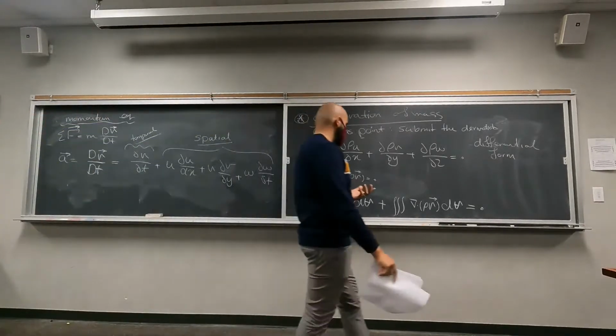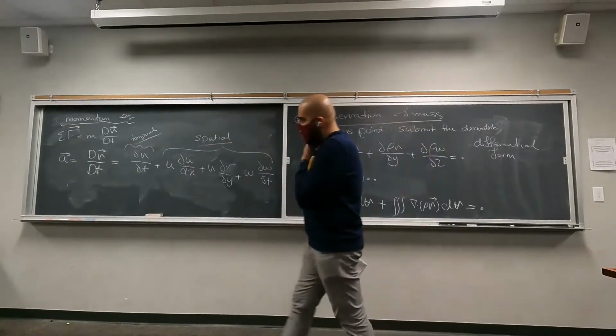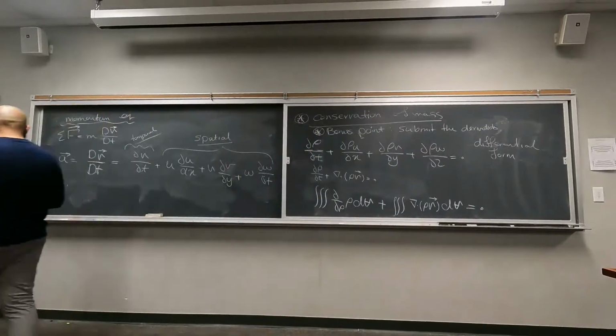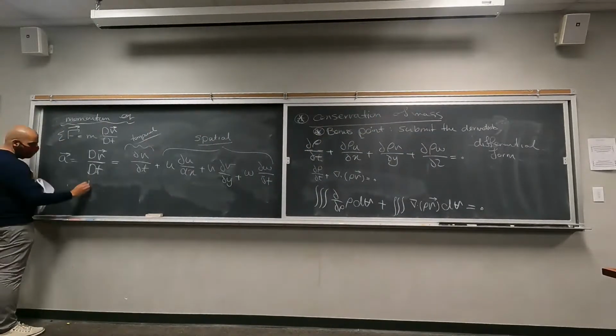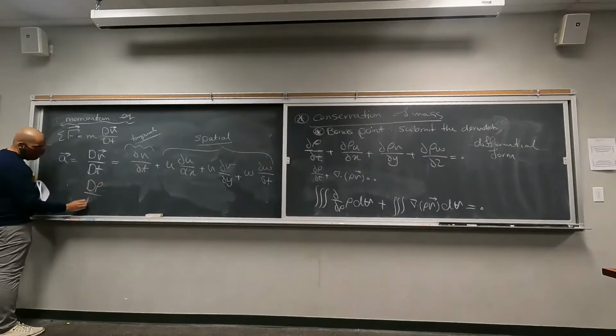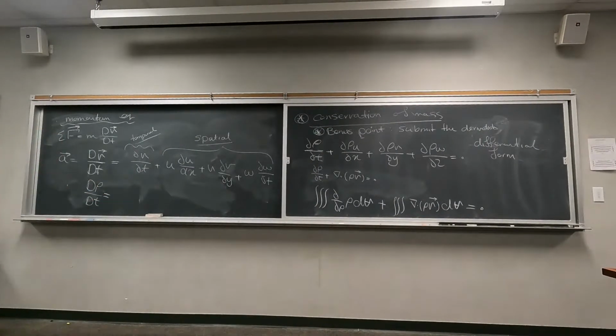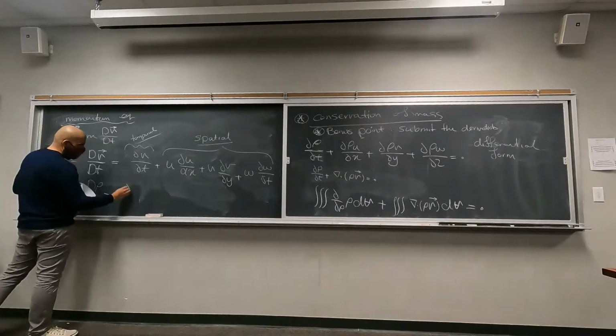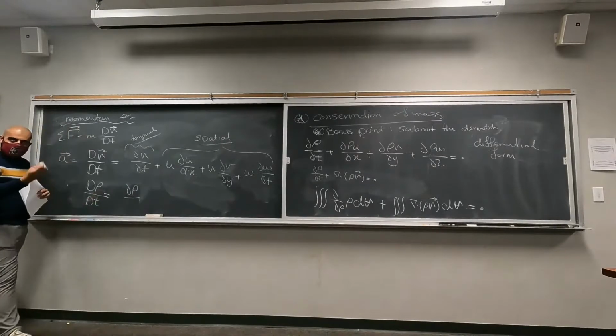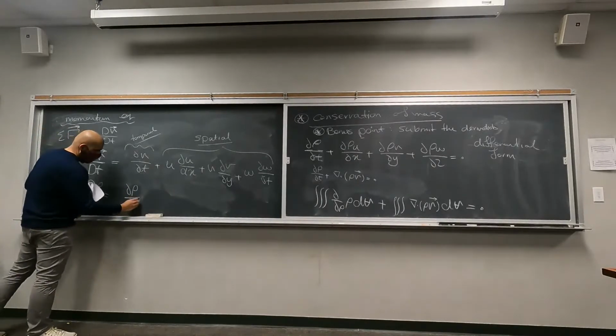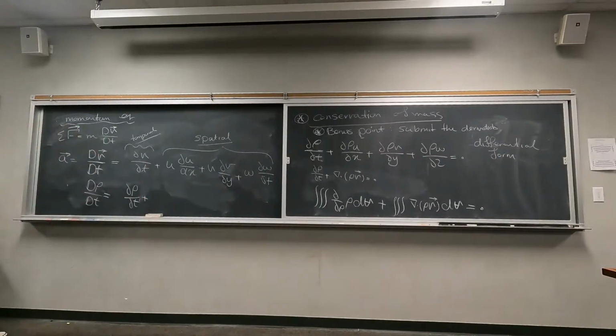Then the question: what would be the total derivative of density? So we understand the total derivative of velocity, but what would be the total derivative of density? The first part, the temporal derivative, partial rho, partial t. But what is the next part?